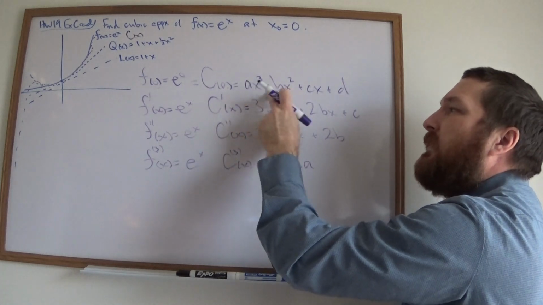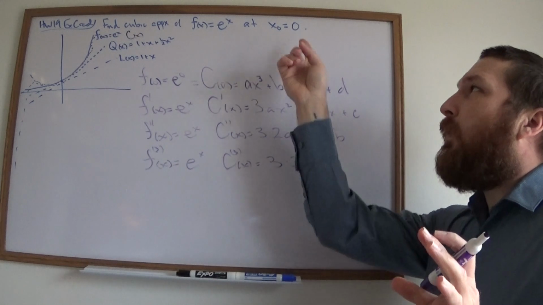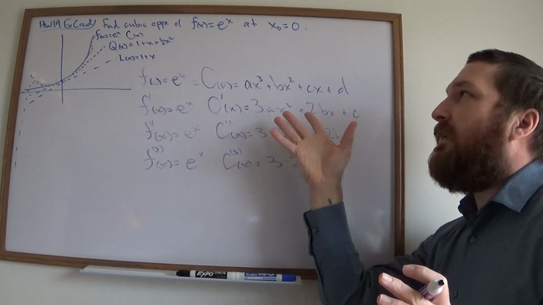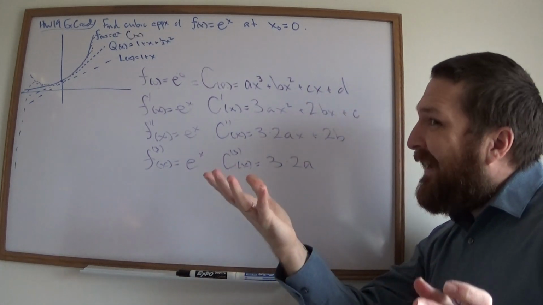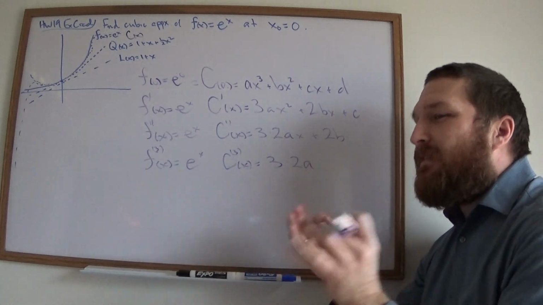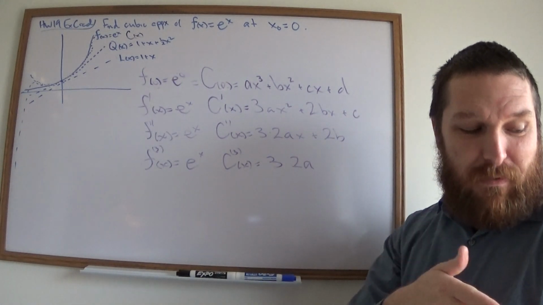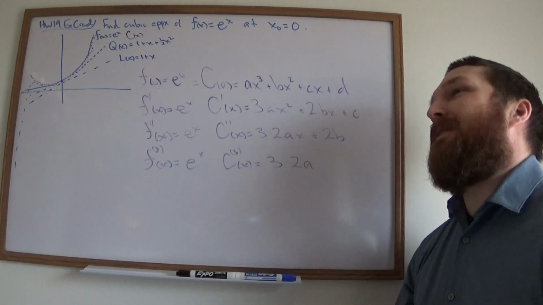Cool thing about doing this is, if it were at 1, I wouldn't have written ax cubed plus bx squared like this. What would I have done if I were trying to do it at 1? The x minus 1. Yeah, exactly. I would try to cheat the system so that, as you saw by probably the third problem you did, you're like, oh man, why do I have to do it both ways, right?